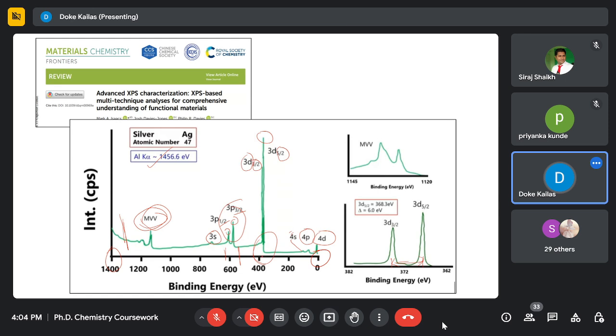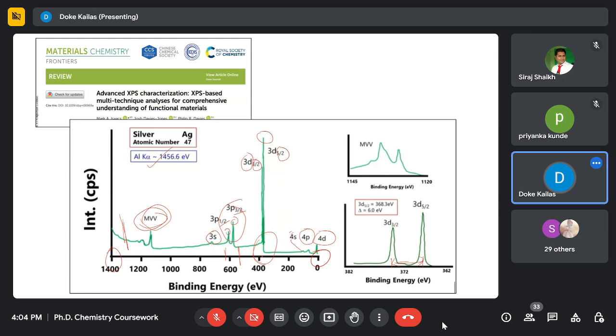So because of the coupling of the angular momentum of the electronic orbit in S or P or D or F orbit with the spin of the electron, the line splits up into two lines. The energy level splits up into two lines.